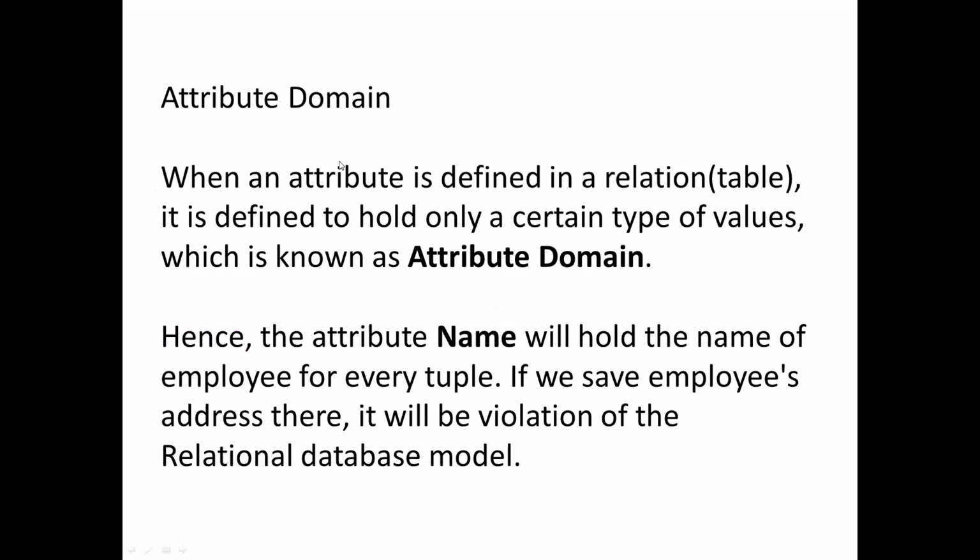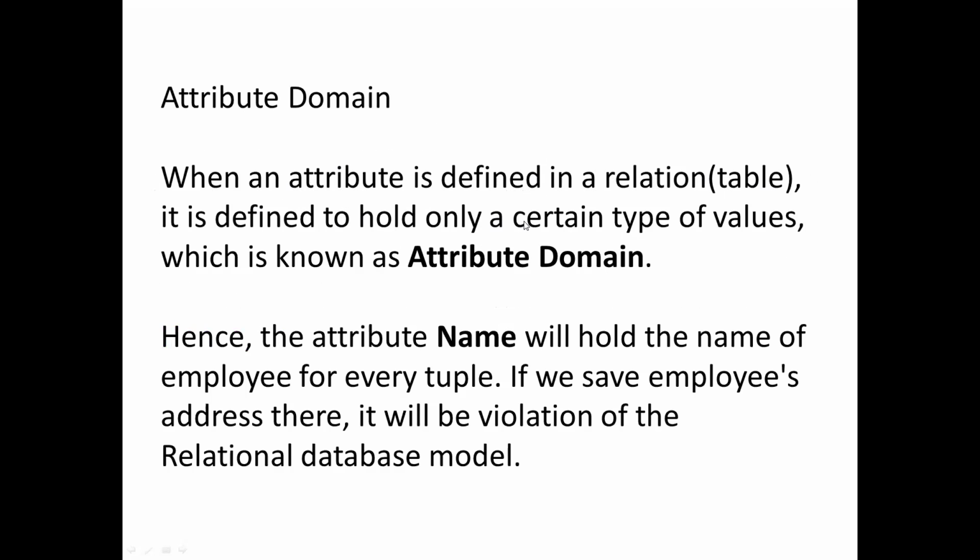Then attribute domains. What are attribute domains? When an attribute is defined in a relation, that means when we are mentioning a relation in the table, it is defined to hold only a certain type of value, which is known as attribute domains.